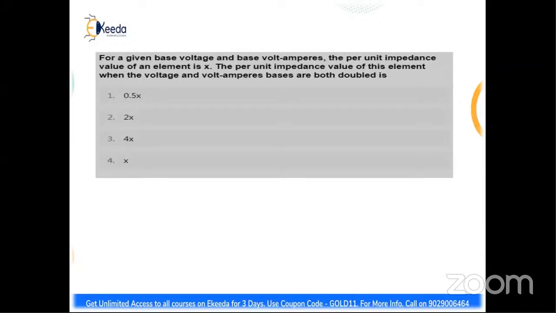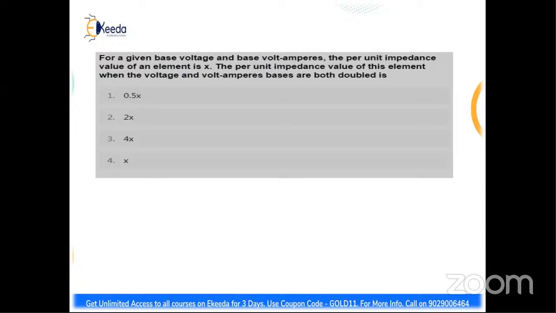Okay, this is the given question. So what will be the value now?